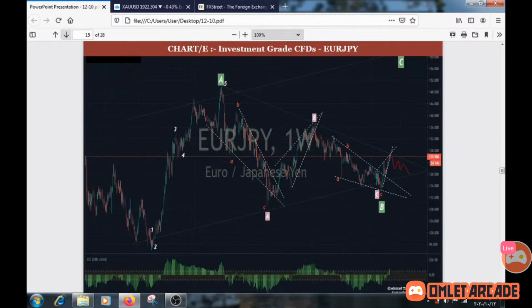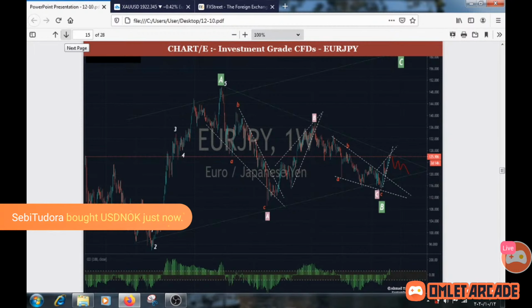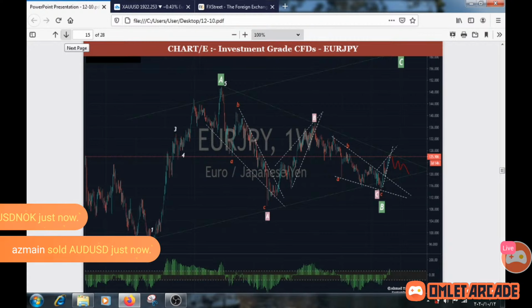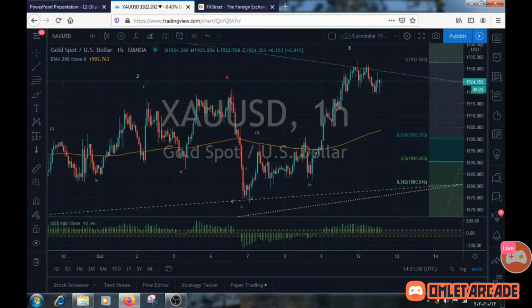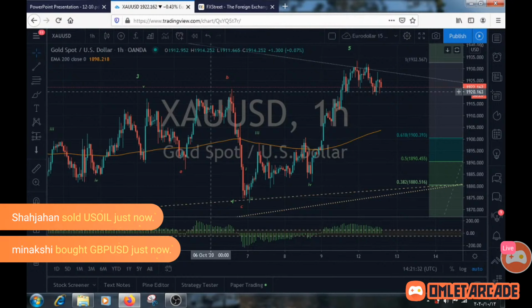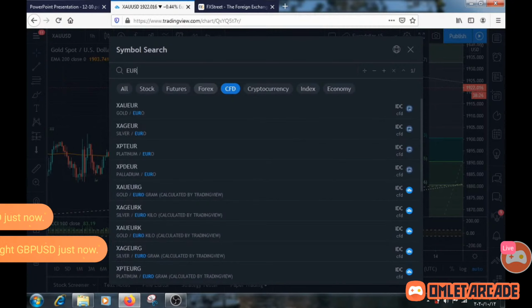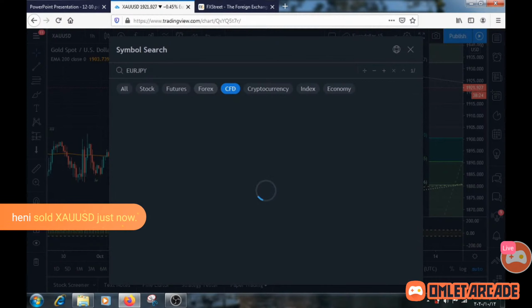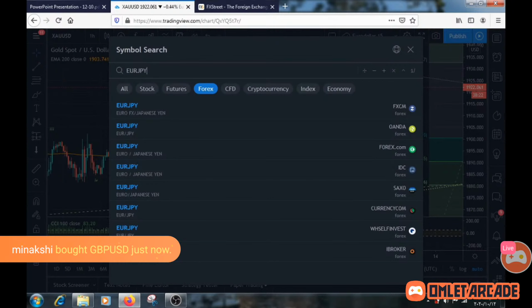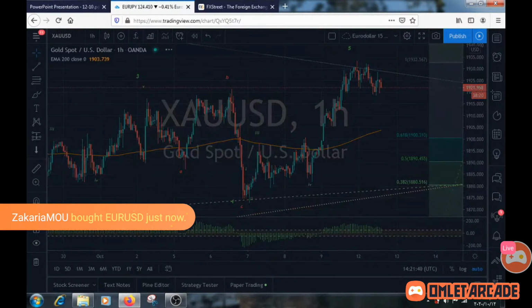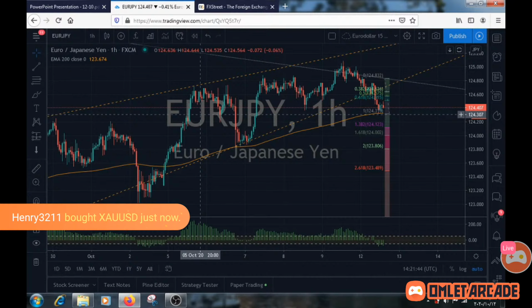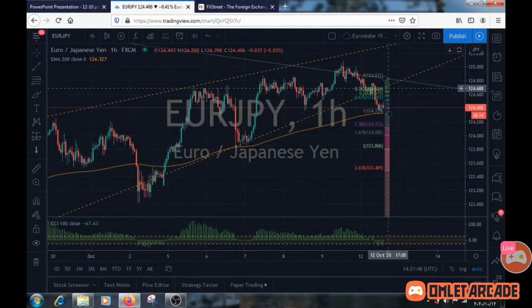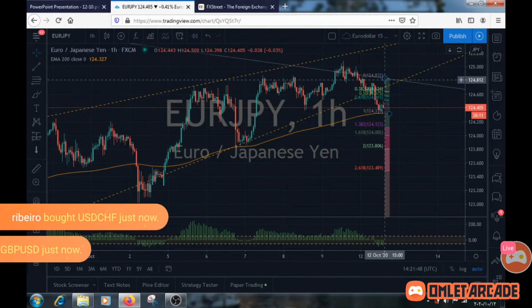Okay, so we can now move on to Euro Yen. We've been waiting for this to move lower, and it has now broken down.